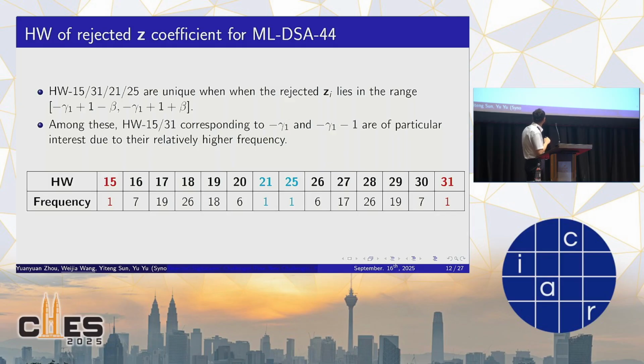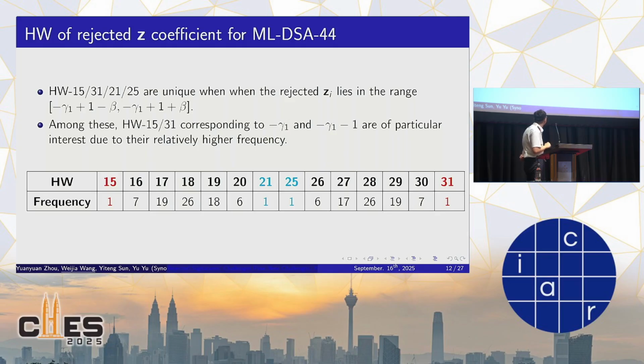Here we found that if the rejected z lies in the range of minus gamma 1 plus 1 minus beta to minus gamma 1 plus 1 plus beta, it means that it is negative and it is rejected. In this case, we found that the Hamming weights of 15, 31, 21, and 25 are unique.